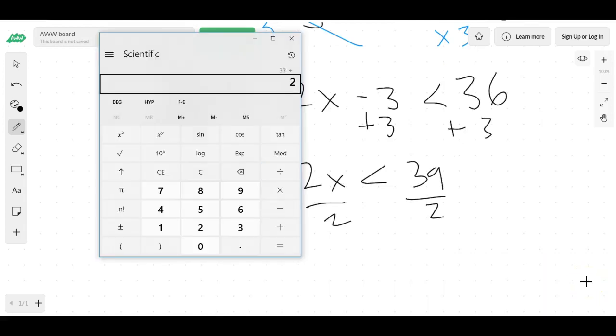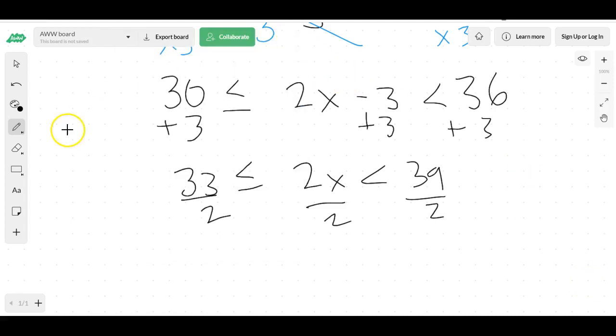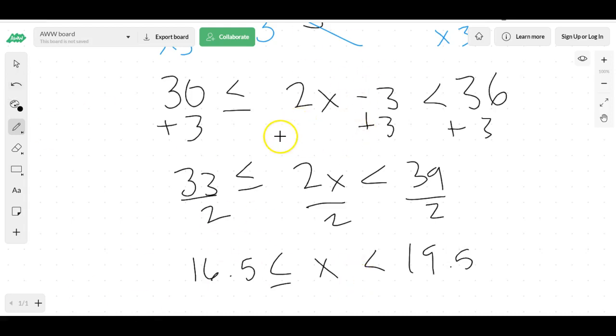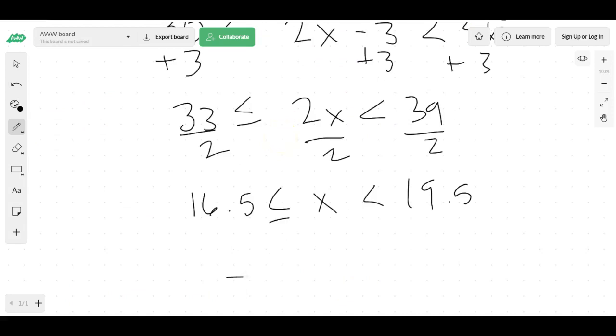So we'll get 33 divided by 2, which is 16.5, and 39 divided by 2, which is 19.5. So what we're going to have is 16.5, and then 19.5. And if you remember, when you have two different things you're solving and you don't have any and or, it's always an and statement.